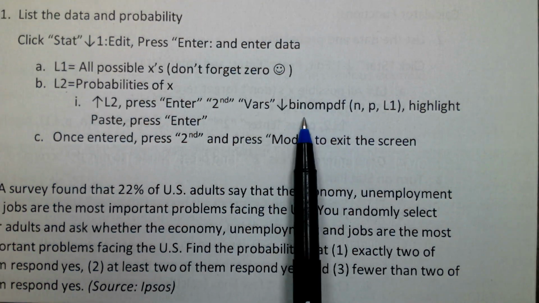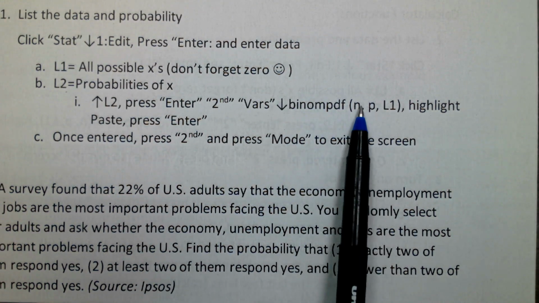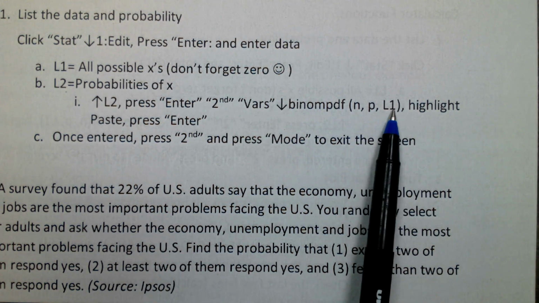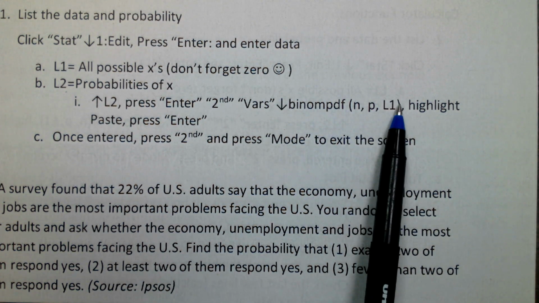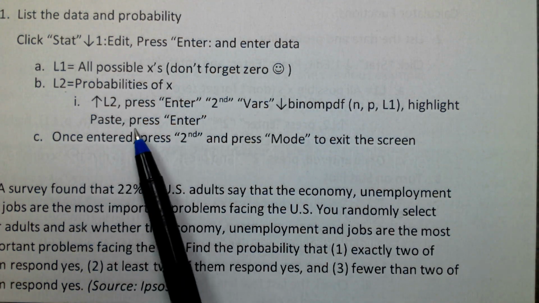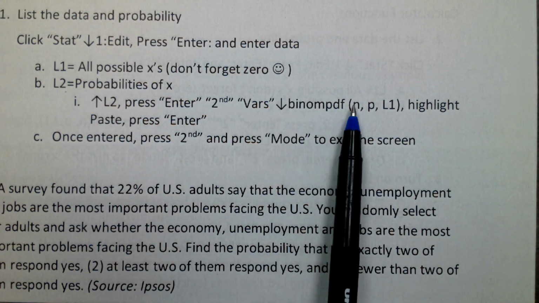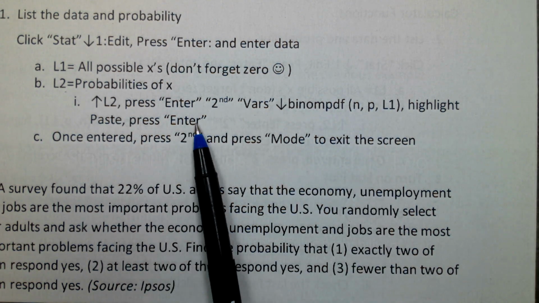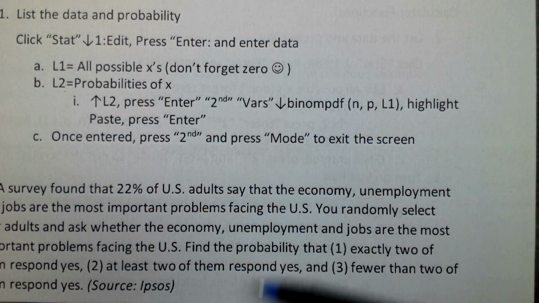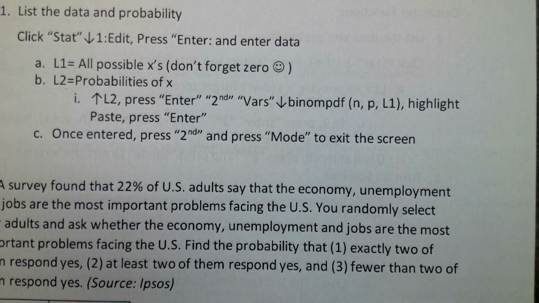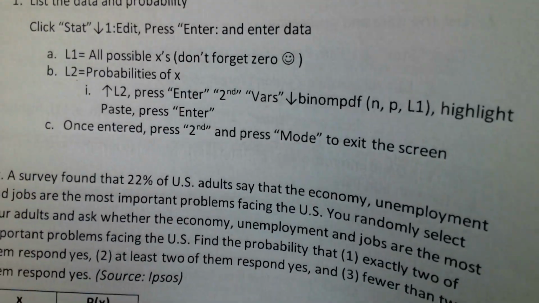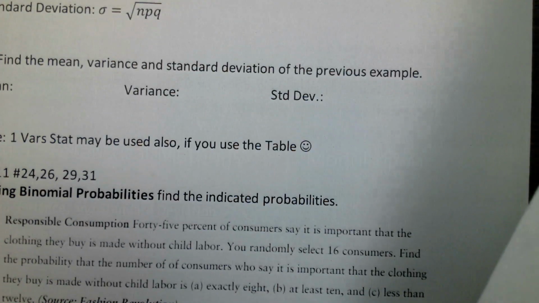We're going to put in a binomial PDF, n as a number, p as a number, and then L1. I know, it's going to be weird. So binomial PDF, n as a number, p as a number, and L1. We press enter, and then we're going to see all of our probabilities. So we're going to do this example down here. So buckle up, because it's going to be a little ride.